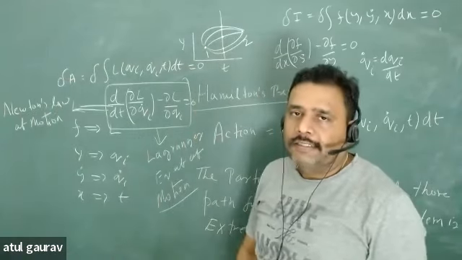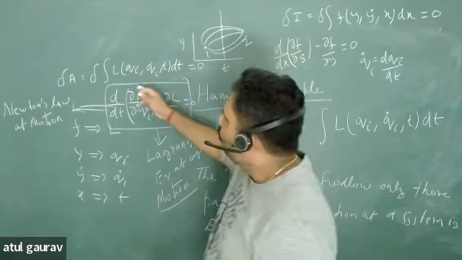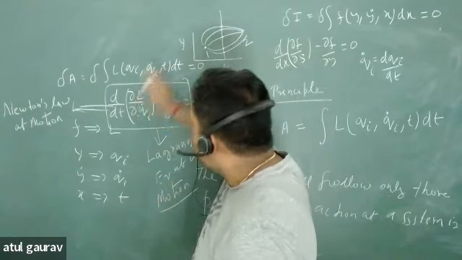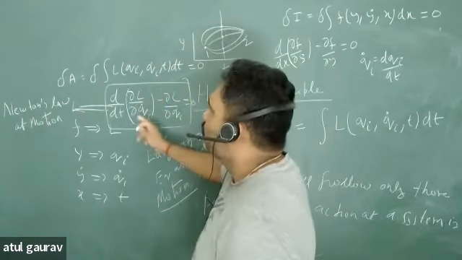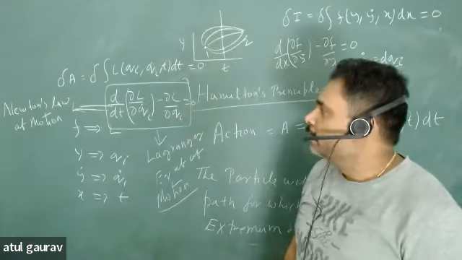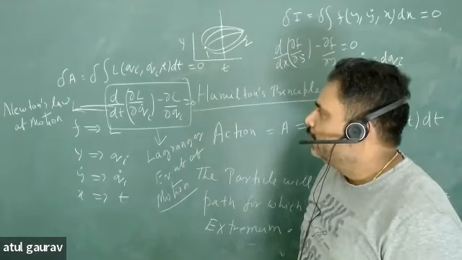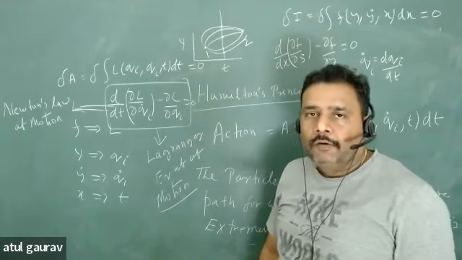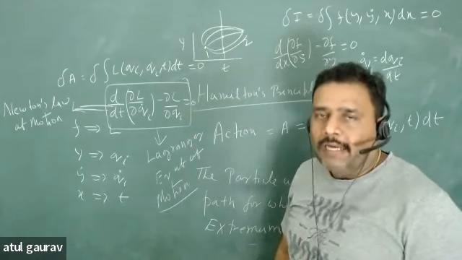It's a very fantastic thing. Now we want L such that Lagrange's equation of motion is equivalent to Newton's law of motion, F is equal to ma. Now we have to find what should be the form of L.